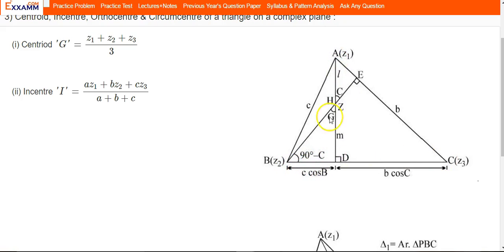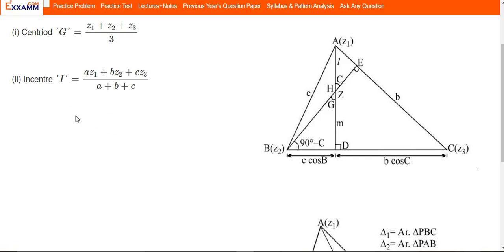A is the length of the side opposite point A, so A is BC, and B is the length of the side opposite point B, and C is the length of the side opposite point C. So the incenter is this, but for this formula you would rarely get a question which would ask you to put values in the formula, as has been the trend in JEE.